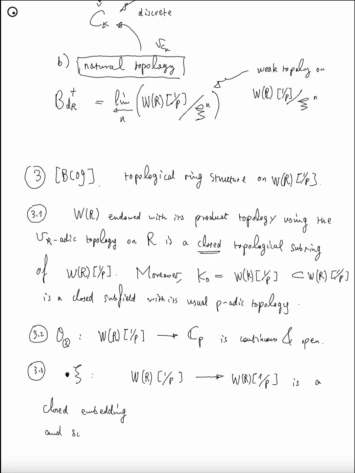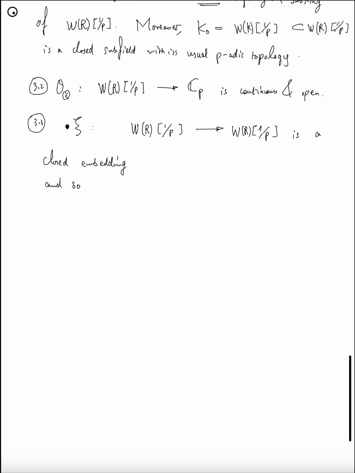And so all the ideals, the kernel of θ to the power j, which is this ideal generated by ξ to the power j, is closed because multiplication by ξ is a closed embedding.